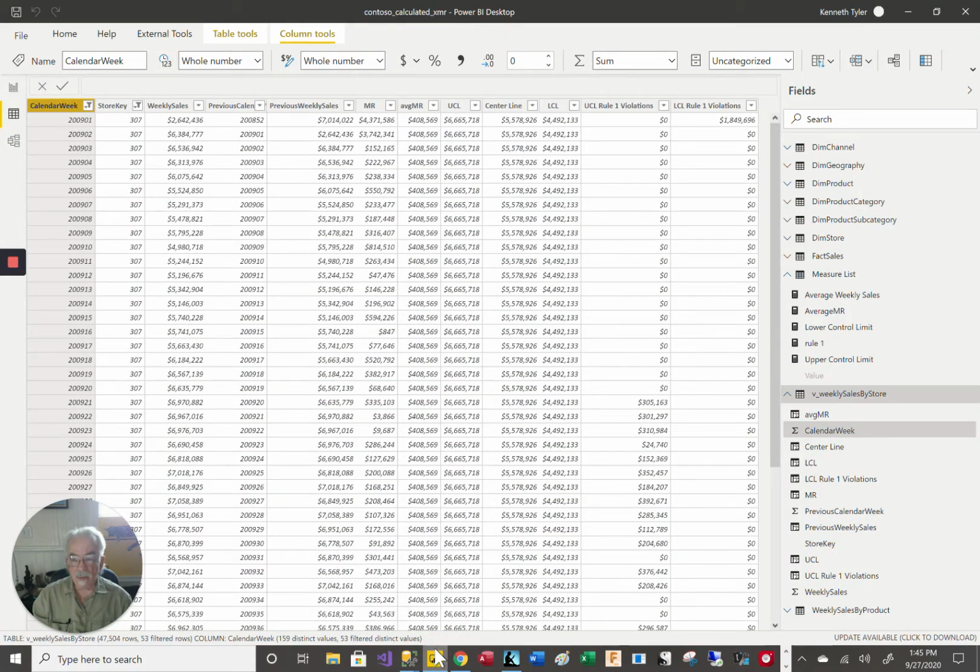Here we are looking at the same data once it's been loaded into Power BI. Now, there are a lot of sales in Contoso, so our sample that we're looking at here has been restricted to just the year 2009 and just one store, store 307.